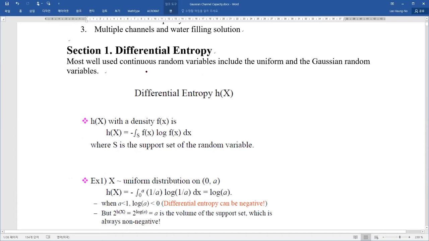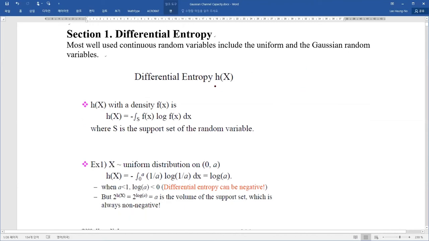But we don't have the entropy defined for these continuous random variables. So we will have to do it now. So that is called differential entropy.